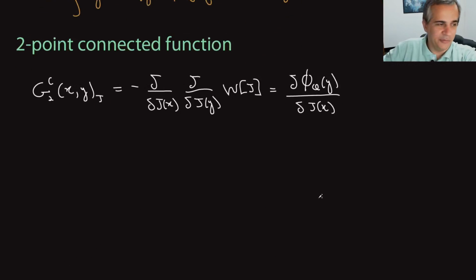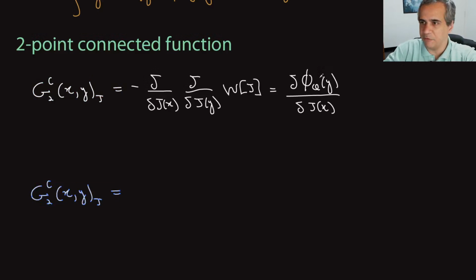Okay, so now let's write that. So G2 goes here. The very first term is just, as I notice up there, this propagator. And the second term is a term like gamma 1 that does not depend on J, so that one goes away.